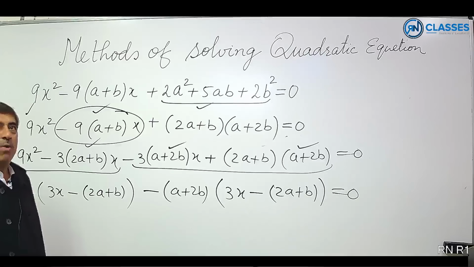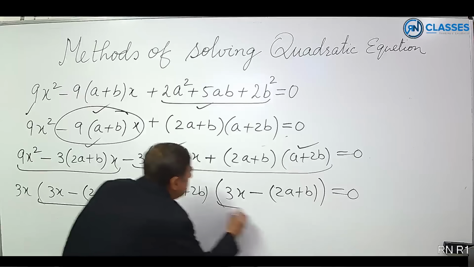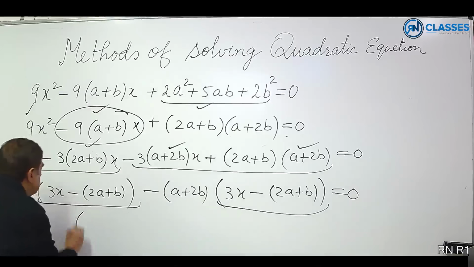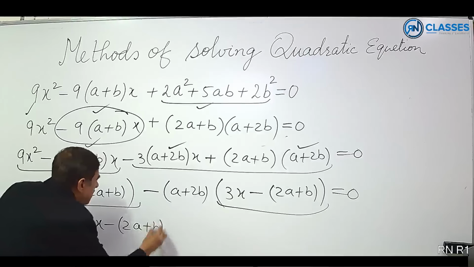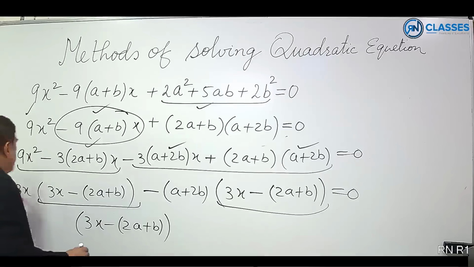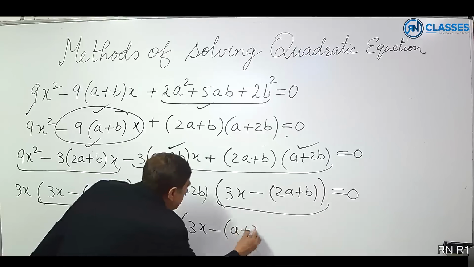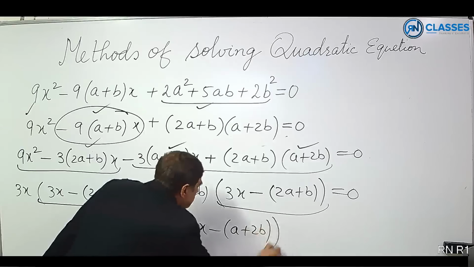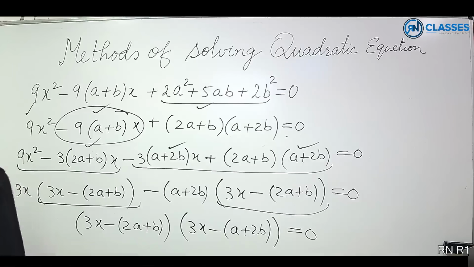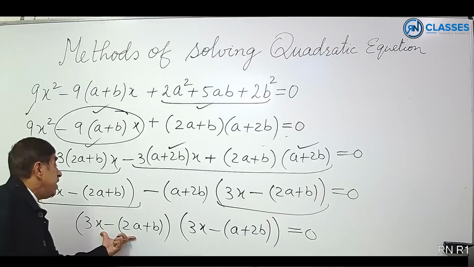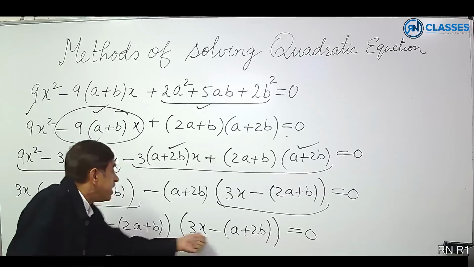Right? Now, you can easily find this factor is present in both. So 3x minus 2a plus b into what is left here, 3x minus a plus 2b equal to 0. Now, I am able to get two linear factors. Now, product of two quantities is 0.